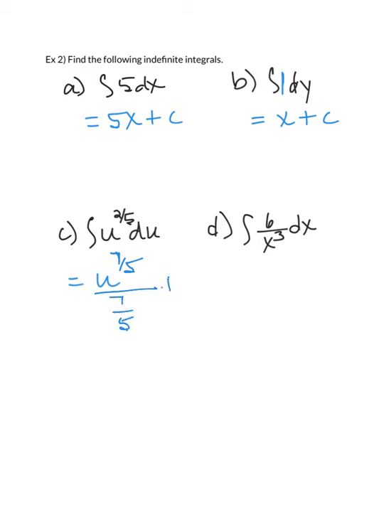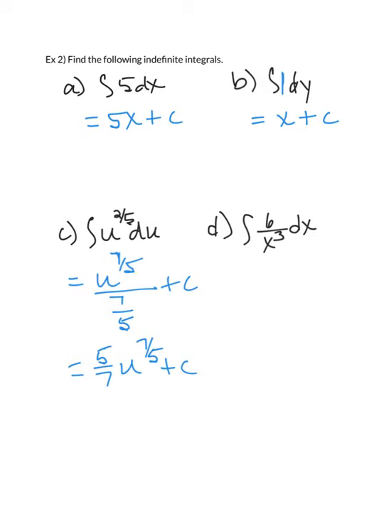Don't forget your plus c. We cannot leave it in this form. And remember that dividing by a fraction is the same thing as multiplying by the reciprocal. So this would become 5/7 u to the 7/5 plus c.